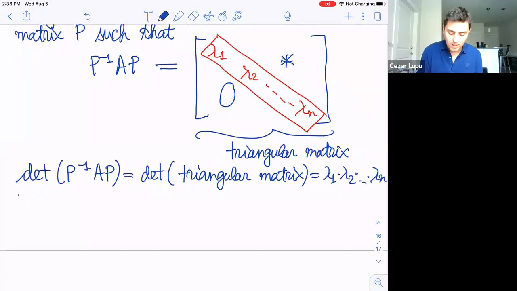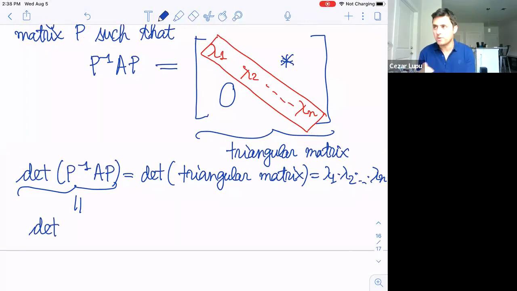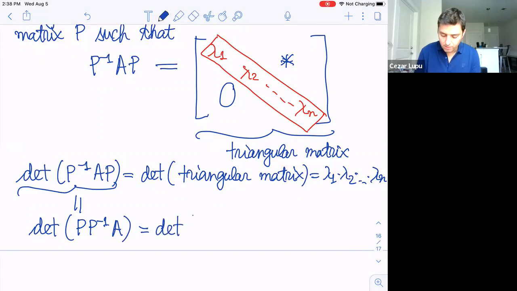Great. But on the other hand, by applying the usual properties of the determinant, we know that the determinant is multiplicative, and also it commutes. Determinant of AB is determinant of BA. So we can play around with this the way we want. It will be the determinant of P inverse times the determinant of A. But P inverse P is nothing else than just the identity.